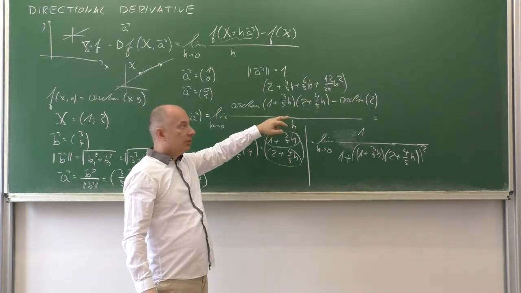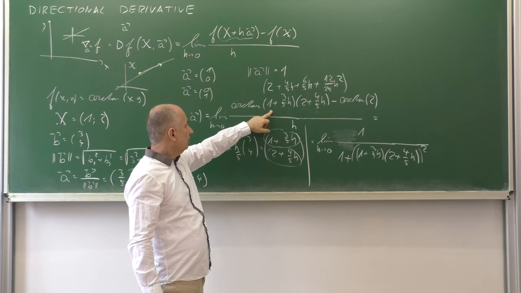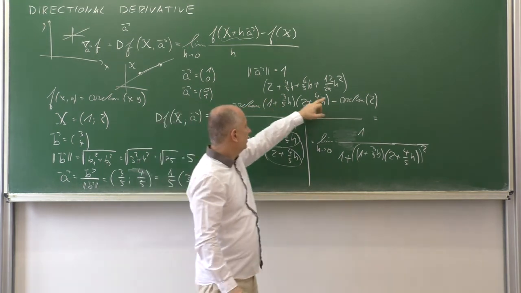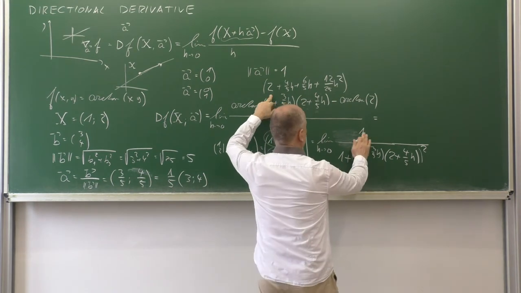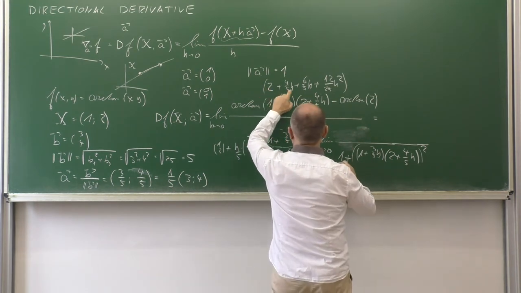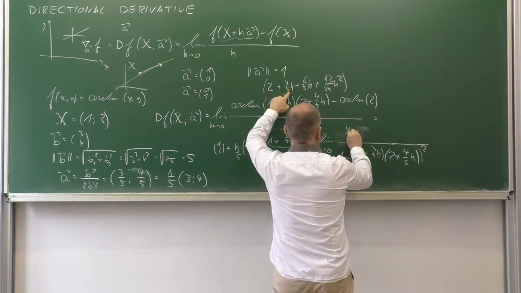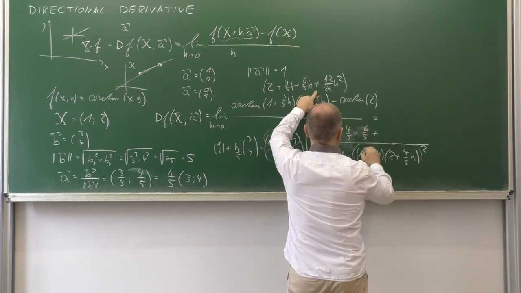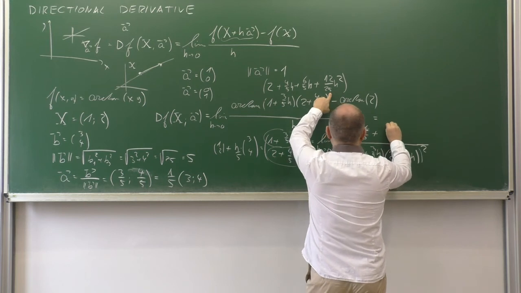But this is a composite function, so we must multiply by the derivative of the inner function. And the inner function is this bracket, and the derivative is, this gives 0, this gives 4 over 5, plus 6 over 5, plus 24 over 25 h.